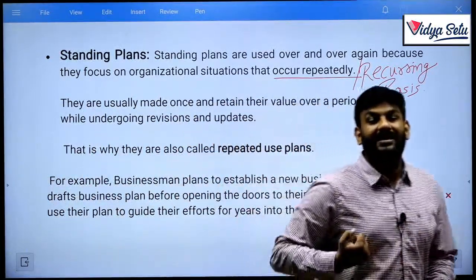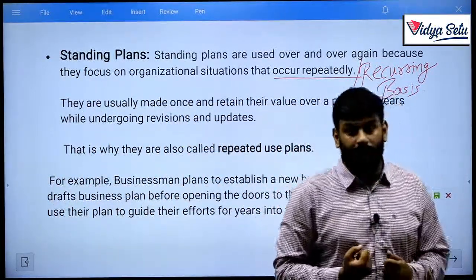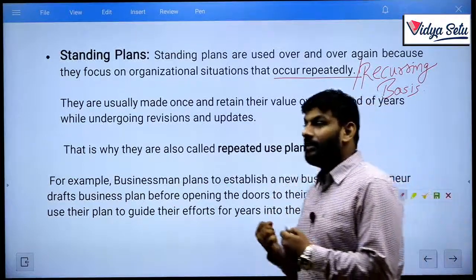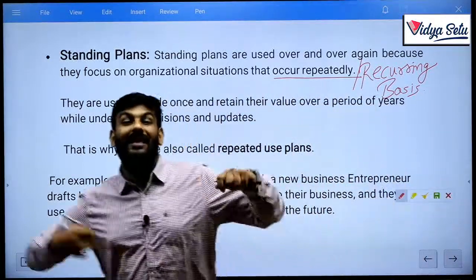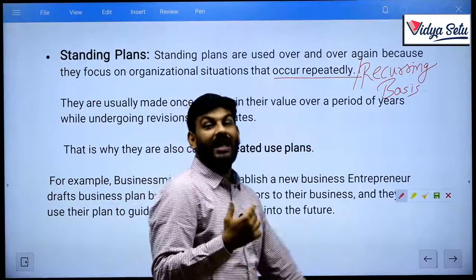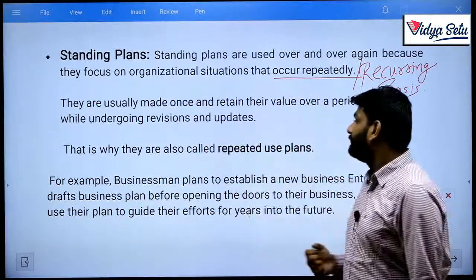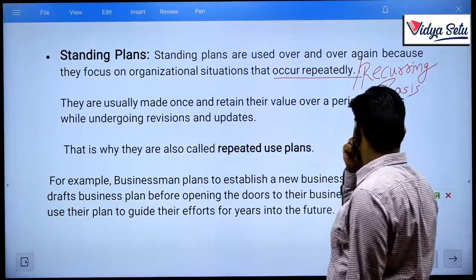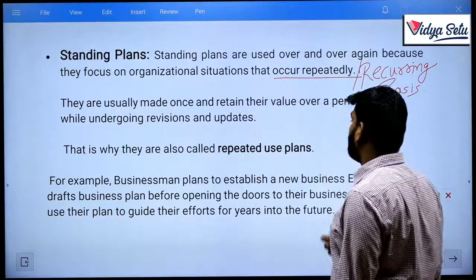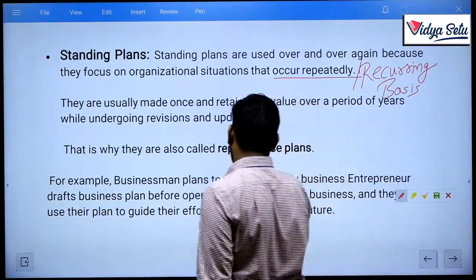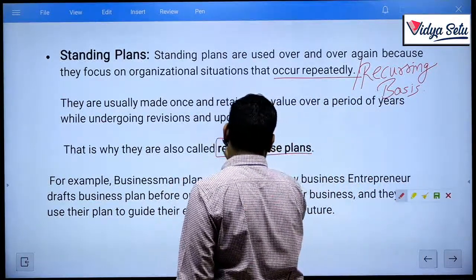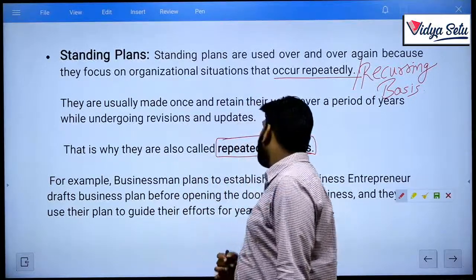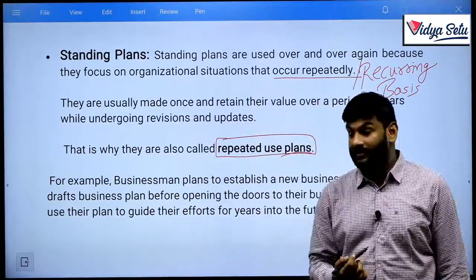So these plans are made once for the organization, but they can be changed or updated as and when required. That is why they are also called repeated use plans. We can also call standing plans repeated use plans.